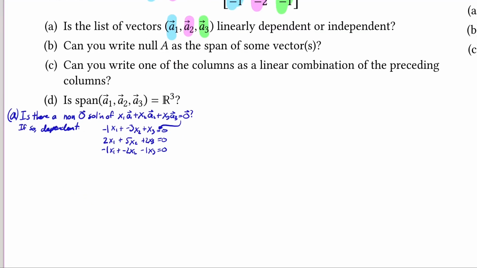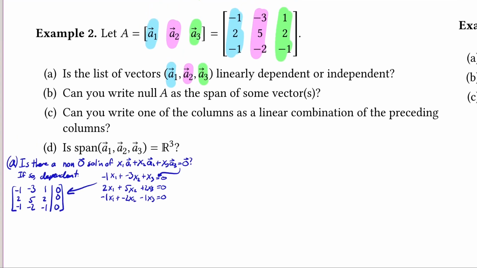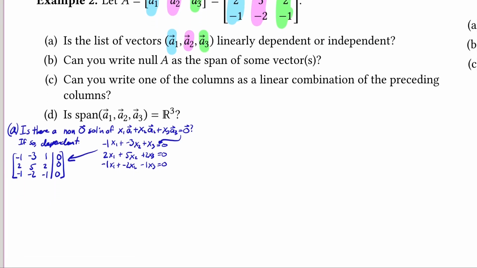And that system of equations has an augmented matrix that looks like this. You notice that the matrix A is the coefficient matrix of this system. But anyway, let's row reduce it.